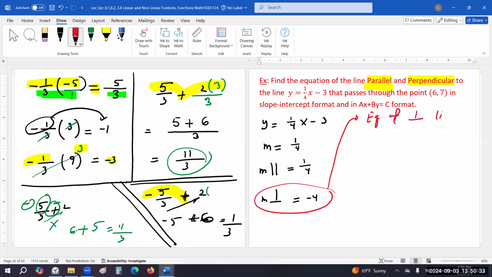Equation of perpendicular line. We start with the same format: y minus y1 equals slope times x minus x1.